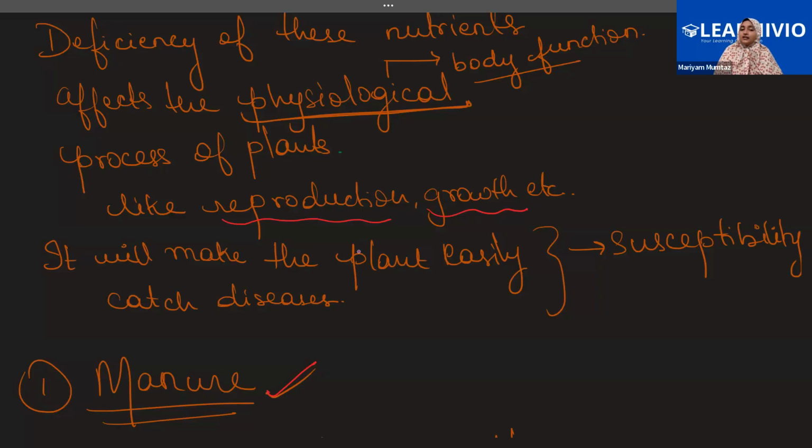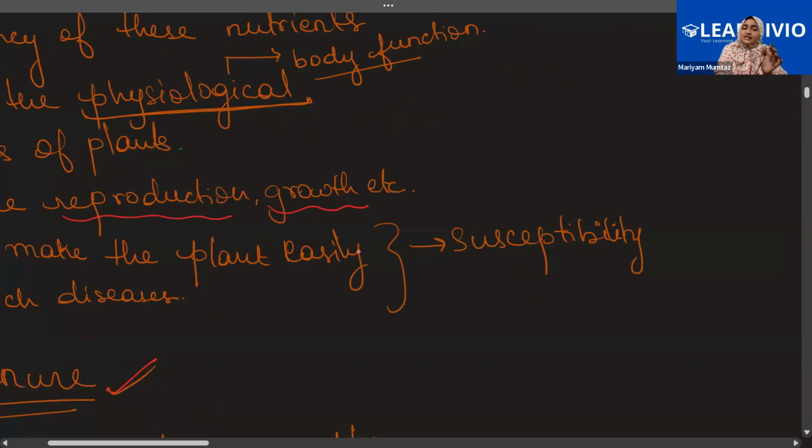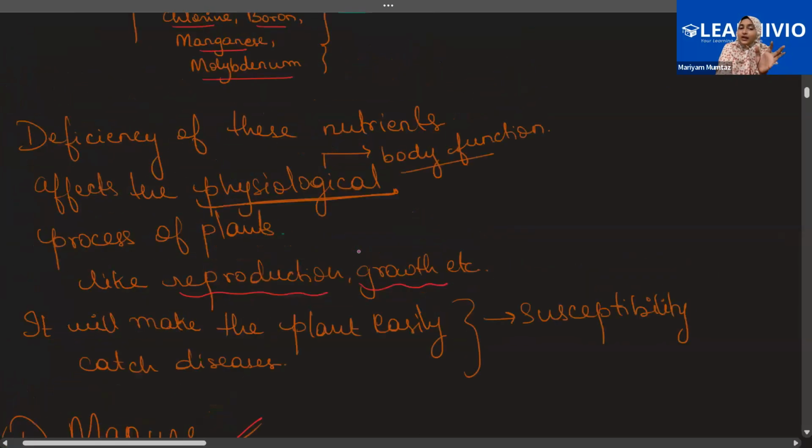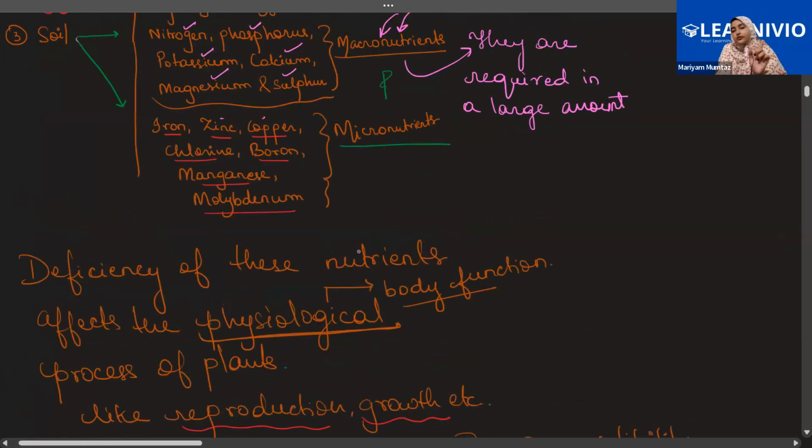It will also make the plant easily catch diseases, right? If the plant is not physiologically functioning well, then obviously it will catch diseases. So there is a chance of the plant catching a disease in the case of deficiency of nutrients.